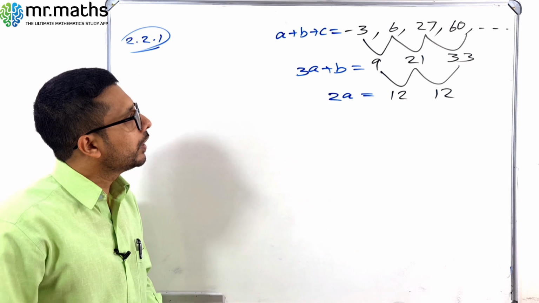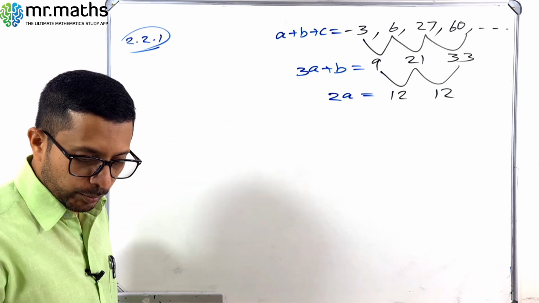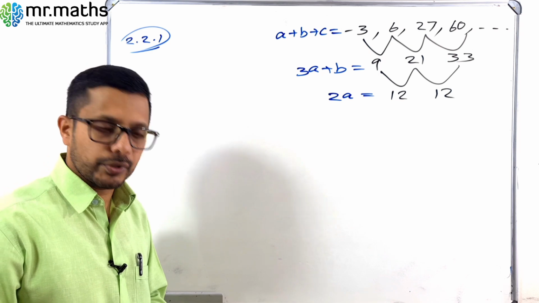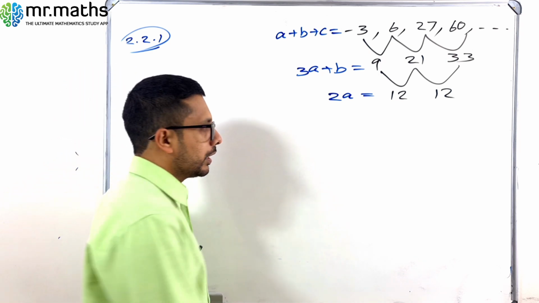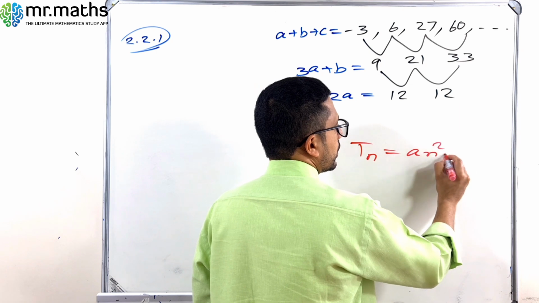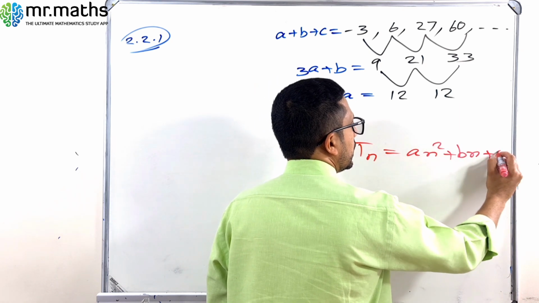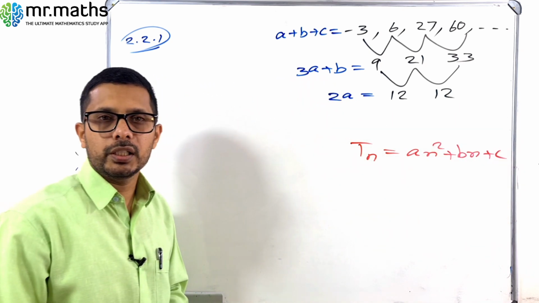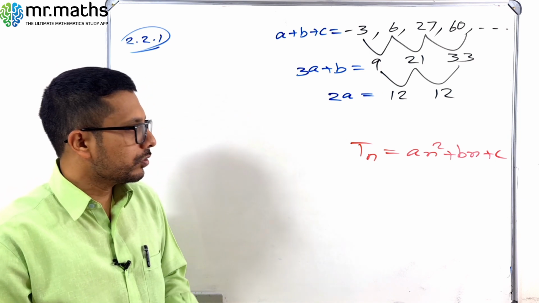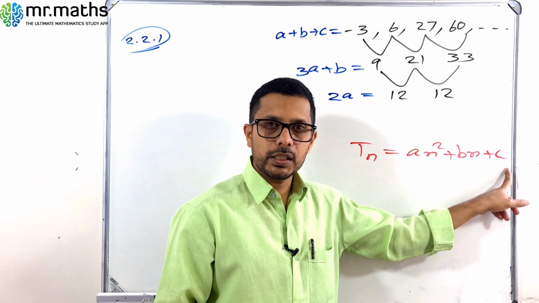Okay. So now, starting from the bottom, 2a is equal to 12. What is the general equation of a quadratic number pattern? Tn is equal to an square plus bn plus c. Am I right? That's the general equation. And here we are trying to find the values of a, b and c.